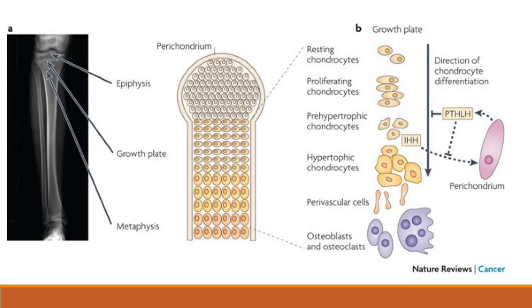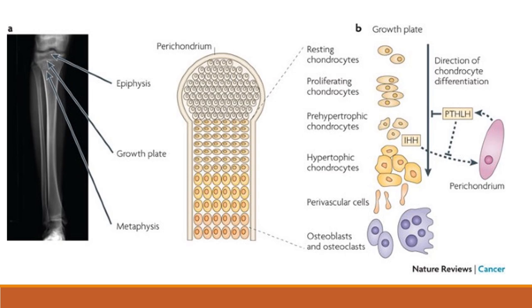So Indian hedgehog signaling material goes to the perichondrial region, and the perichondrial cells form a PTH-like hormone secretion, and that causes stoppage of the differentiation of the chondrocytes and chondrocytes die. So it's a self-destroying or self-inhibiting chondrocyte pathway which maintains the direction and the chondrocytic differentiation.